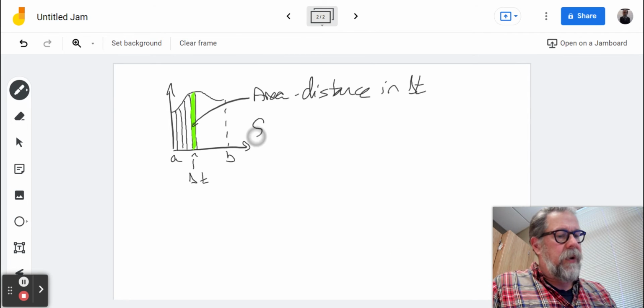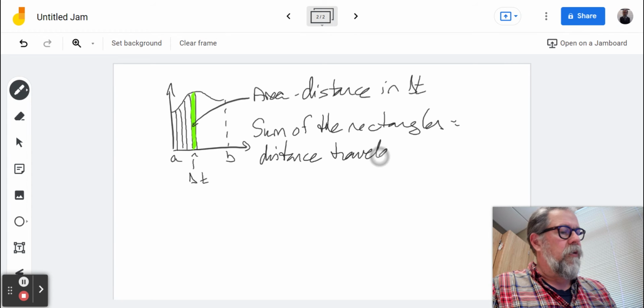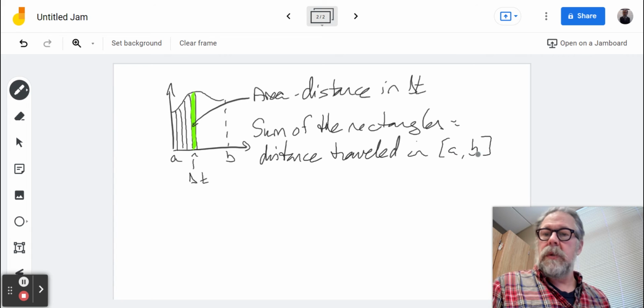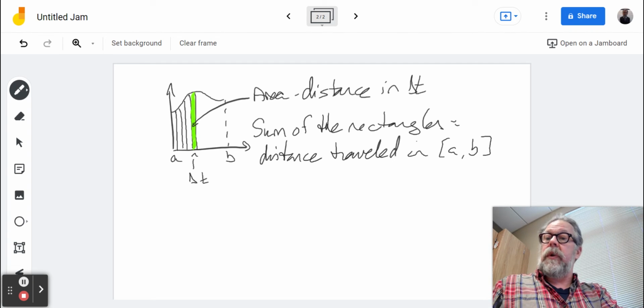The sum of the rectangles would be the total distance traveled over the interval AB. So we can now accurately do this.